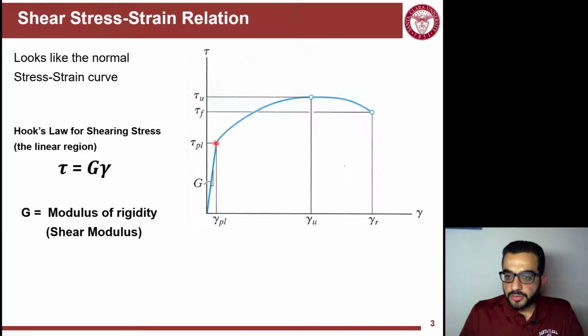This linear relationship also follows Hooke's law. But now instead of E, Young's modulus for the normal stress, I have G, which is the modulus of rigidity or shear modulus. It is the ratio between tau and gamma in that linear relationship. So tau is equal to G times gamma.